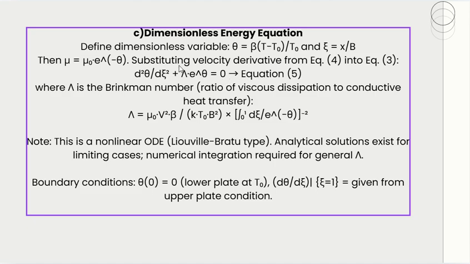This will be our equation 5, and here lambda is mu naught V square b beta, the whole divided by k T naught b square, into the integral of d epsilon upon e power minus theta, the whole power minus 2, and the limits are 0 to 1. Since equation 5 is a non-linear ordinary differential equation, an analytical solution exists for this, and integrating it and then applying the boundary conditions, we get the further result.